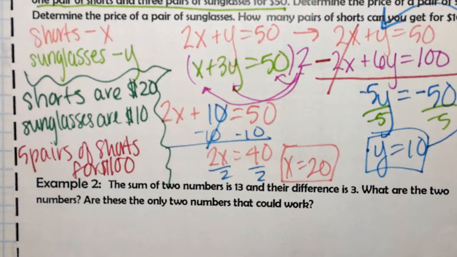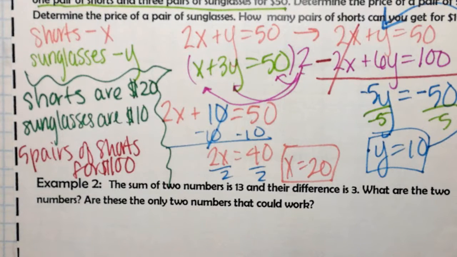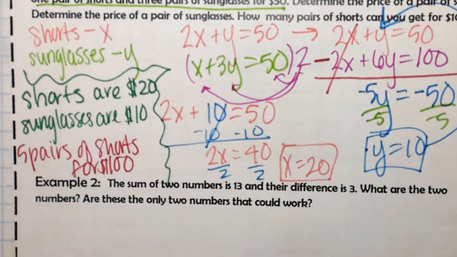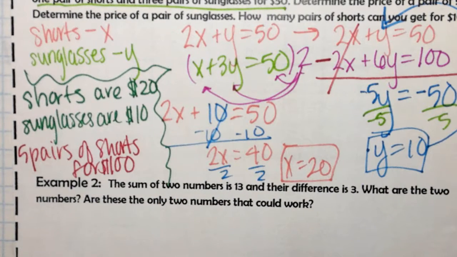So easy peasy or kind of difficult? You can probably figure it out without doing all that. You notice that it's 20. We figured it out eventually, without elimination. It's the same thing.